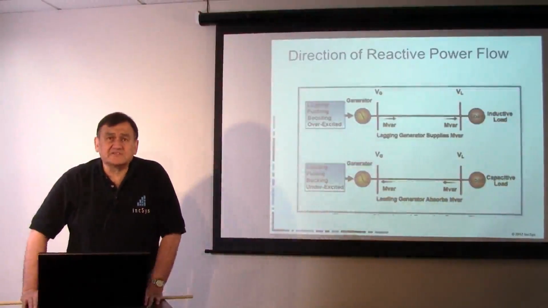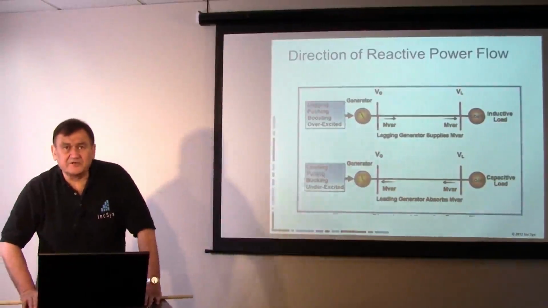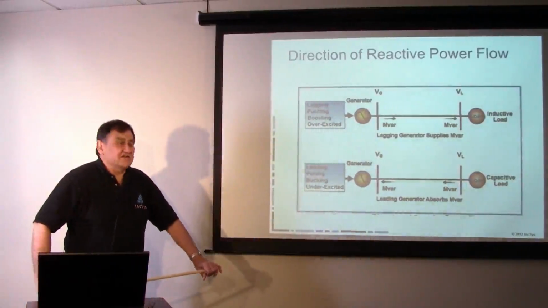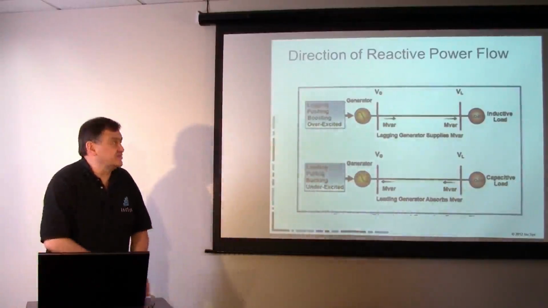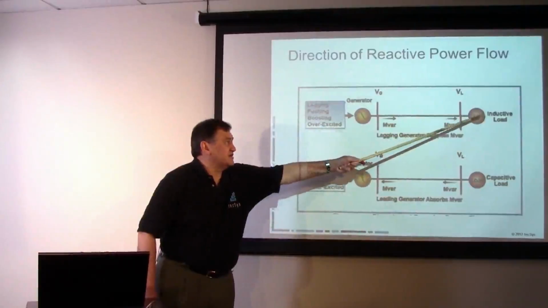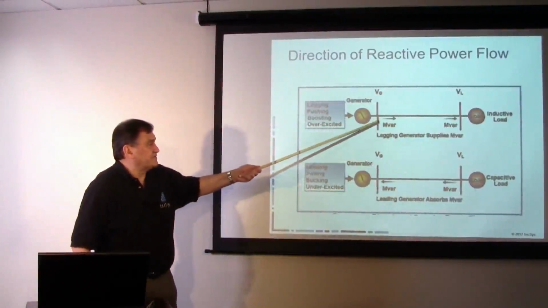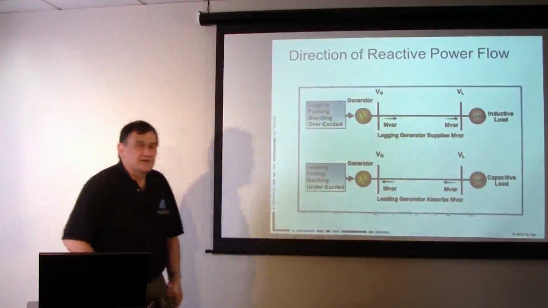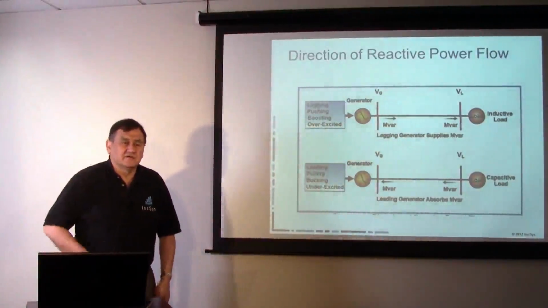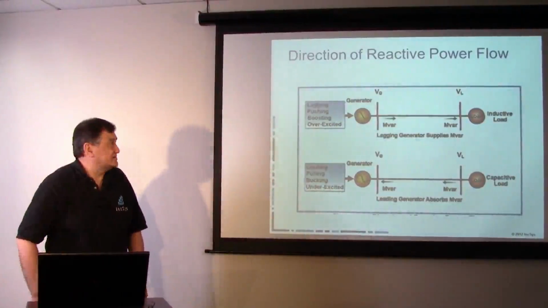We talked previously about the direction of power flow, but it's important. A generator, when it is producing megavars to take care of the demand of an inductive load, and we have positive megavar flow in this direction, that generator can be referred to in a number of different ways.